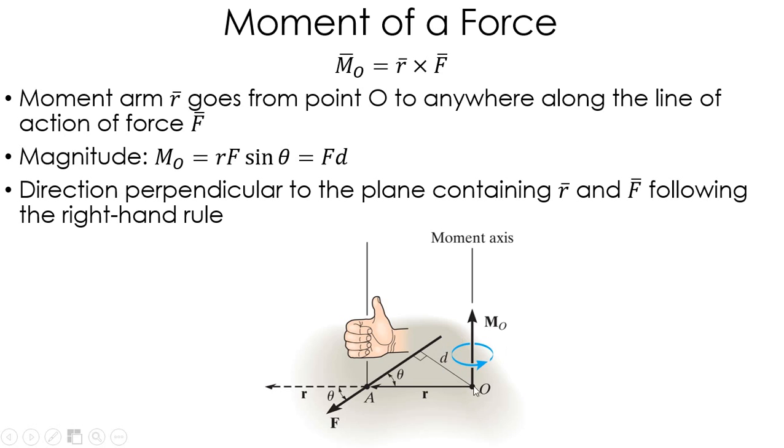If you think about the force going this way, that's creating a rotation about this axis, and following the right-hand rule tells me what direction that moment is in. Remember, this is a rotational vector, so it's not that it's pointing in that direction; it's rotating around that axis that's pointing in that direction.